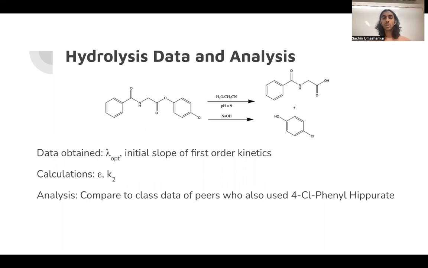And we chose to use UV spectrophotometry because it's a really good way to look at these conjugated systems, which absorb UV light really well. Obviously, on the left, you can see the 4-chlorophenyl hippurate, and that's got 2 rings and those double bonds, and it's a very conjugated system and is really good at absorbing UV light.